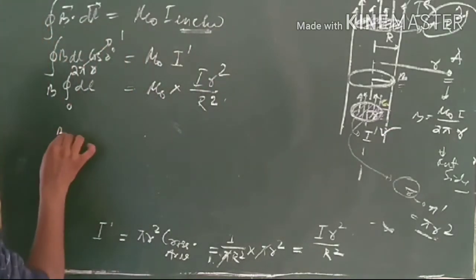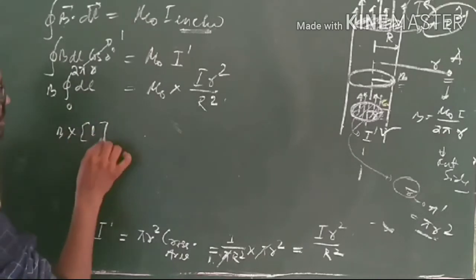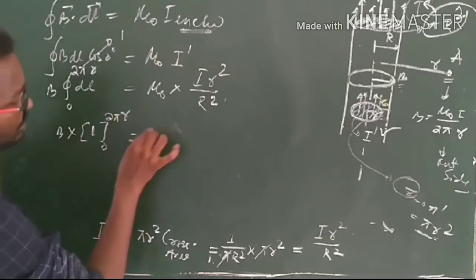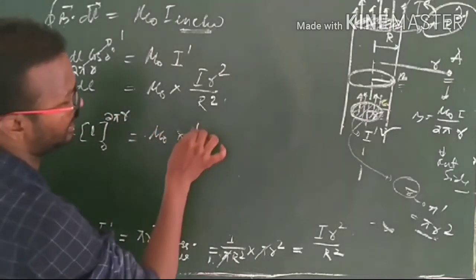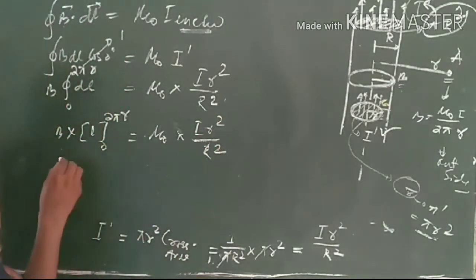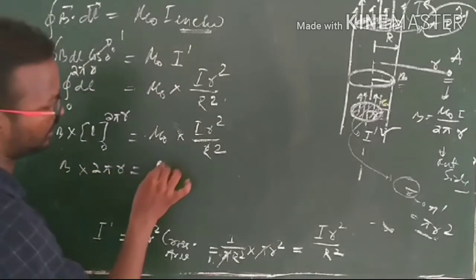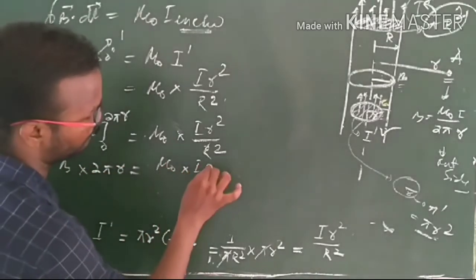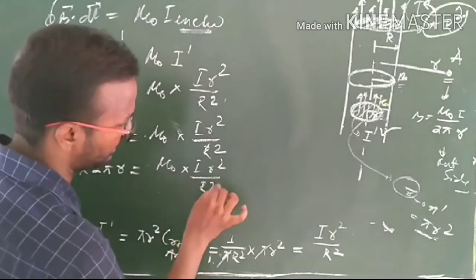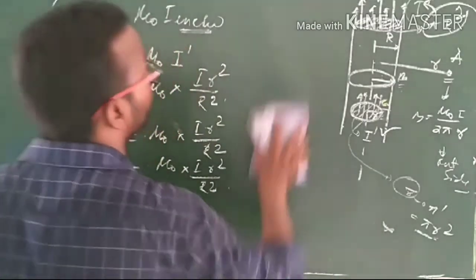So B into 2 pi r equals mu naught I r square by capital R square. Clear?